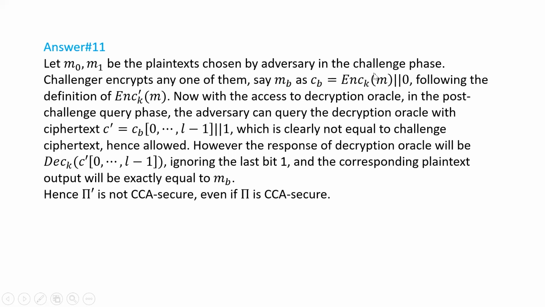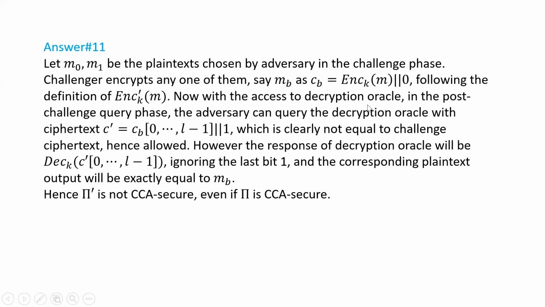That is how Enc-K is defined in our scheme PyDAS. So that is the ciphertext CB, encryption K of MB concatenated with 0, so either M0 or M1 depending on the bit B, which is randomly chosen from 0 or 1. Depending on MB, the ciphertext CB is generated in this way.